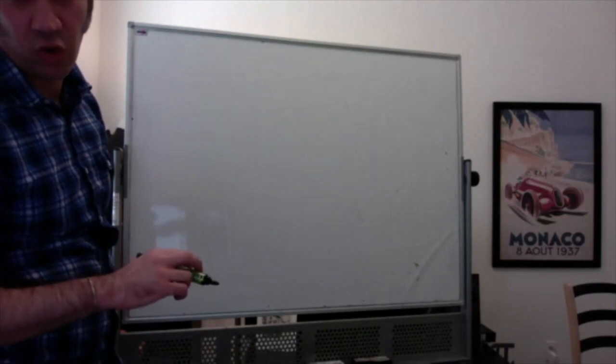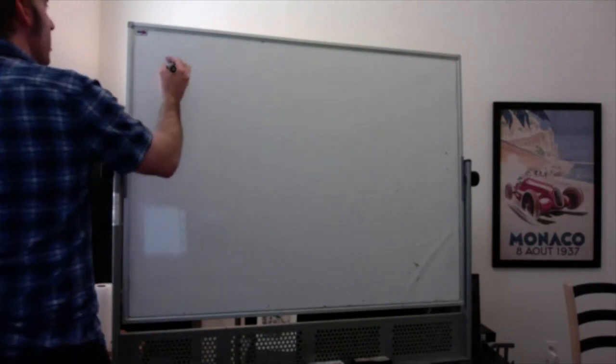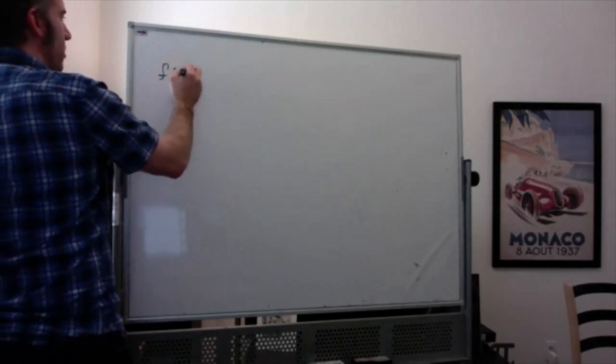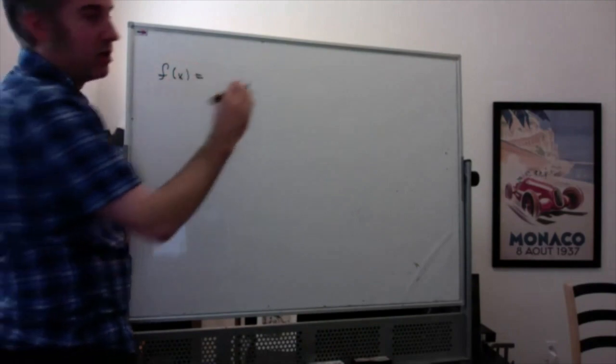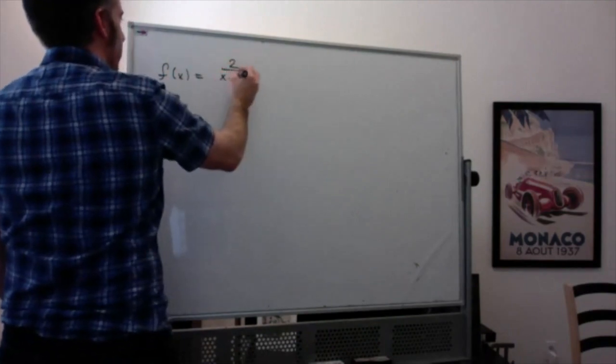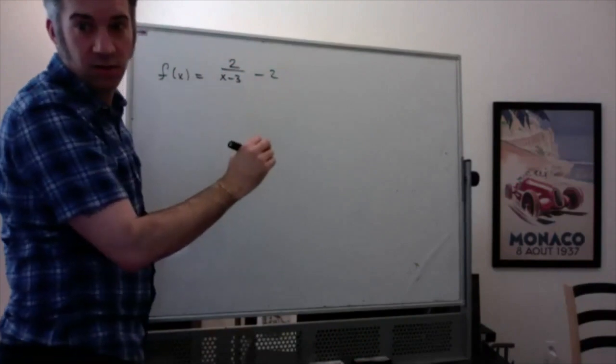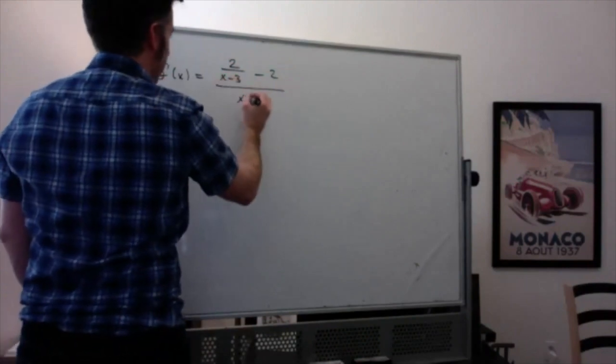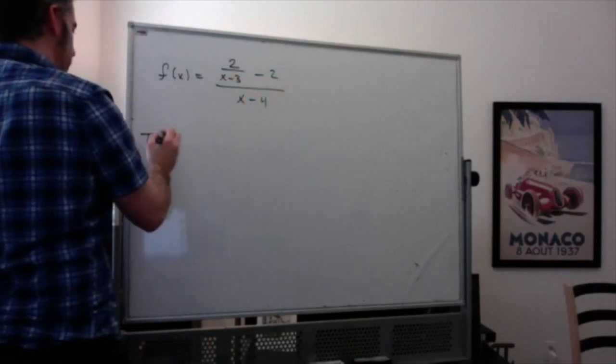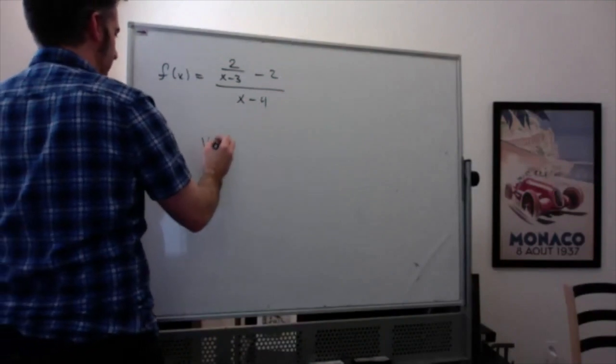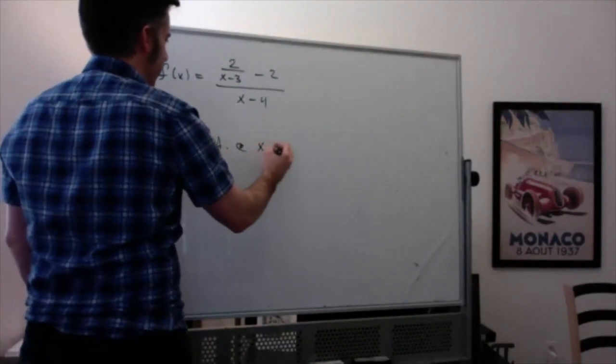This is number 12 on this question. It says consider the function f of x equal to 2 over x minus 3 minus 2 over x minus 4. And the question is true or false: there is a vertical asymptote at x equal to 4.